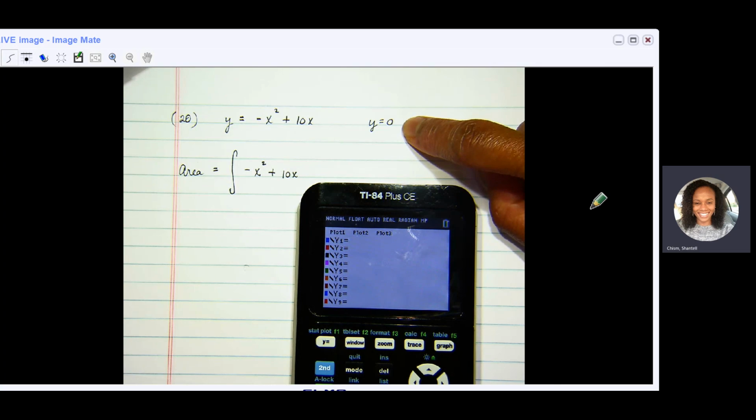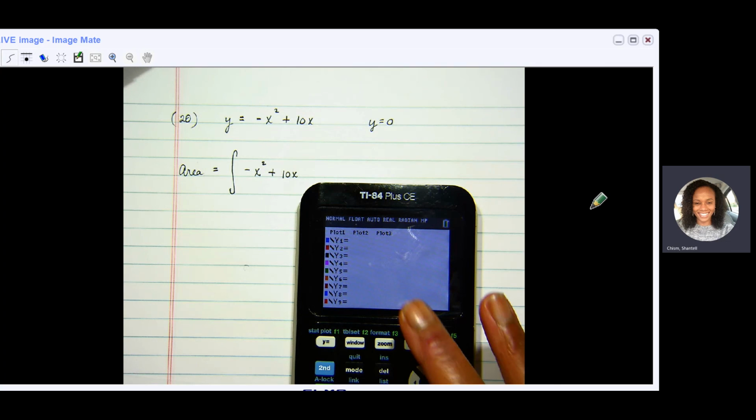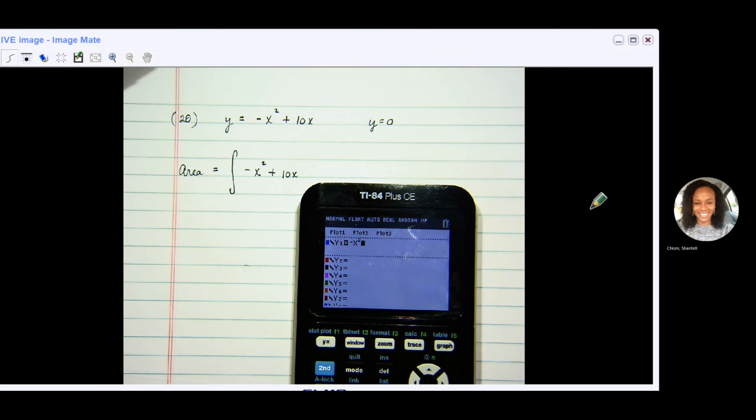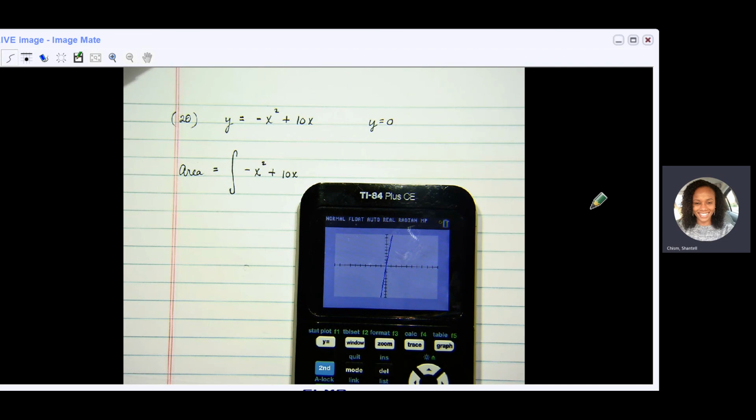Y equals 0 represents the x-axis. So let's put in negative x squared plus 10x. And then here we've got just y equals 0. Let's graph. So the y equals 0 again is just binding it to just the graph above the x-axis.